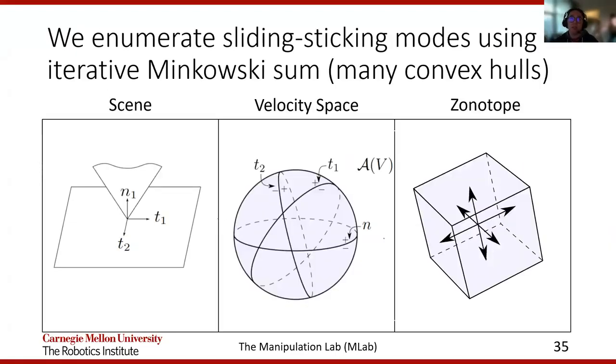We generate the sliding sticking modes using an iterative Minkowski sum. Basically, for every hyperplane, we iteratively add their normal directions and expand a particular polytope called a zonotope, and we can construct this using many convex hulls.